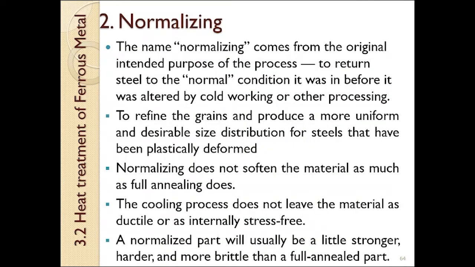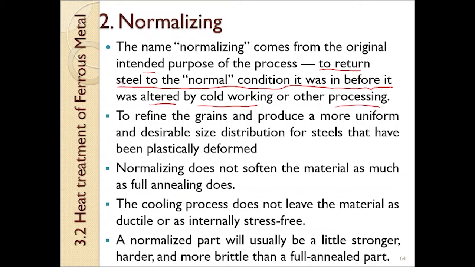The name normalizing comes from the original intended purpose of the process. It is to return steel to the normal condition it was in before it was altered by cold working or other processing. It means that if the original has high ductility, after the cold working, it decreases its ductility.